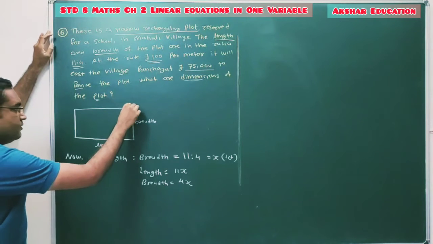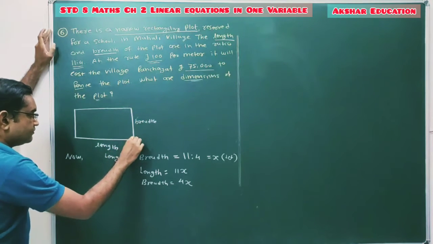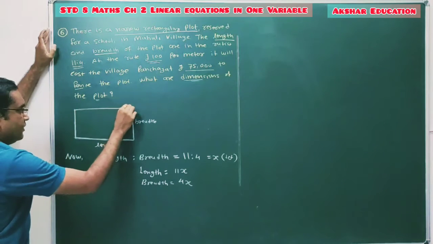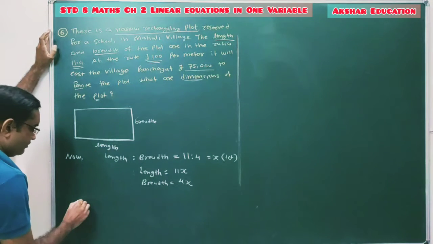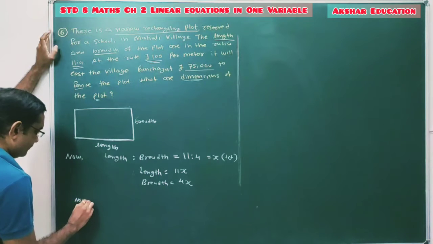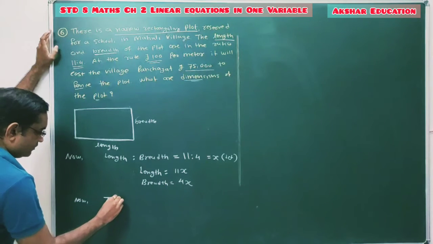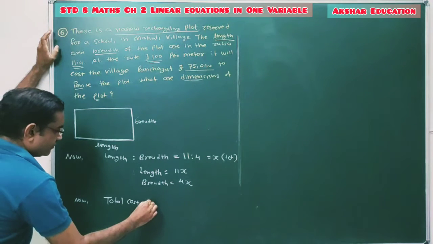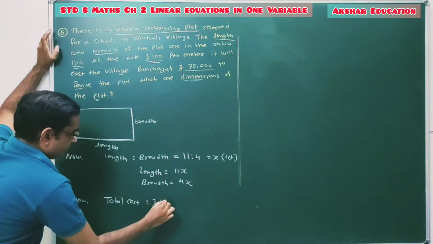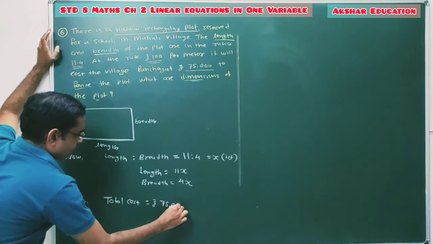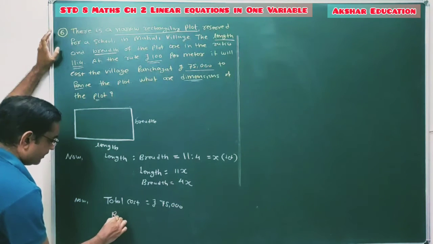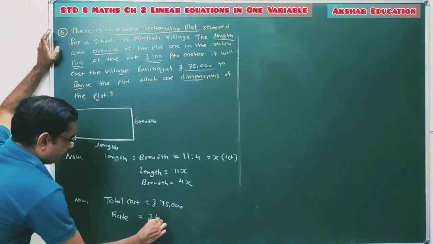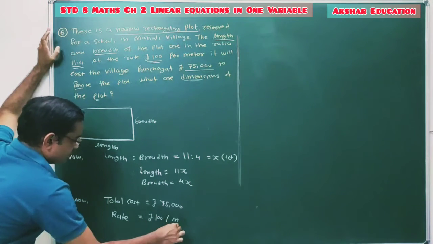That means this plot is fenced, and the total cost of this fencing is 75,000 rupees. And we are given the rate of fencing, that means we have to pay 100 rupees per meter.